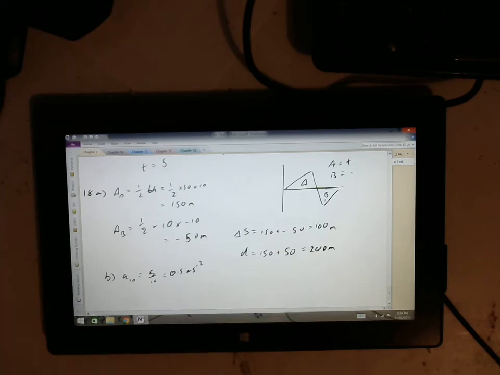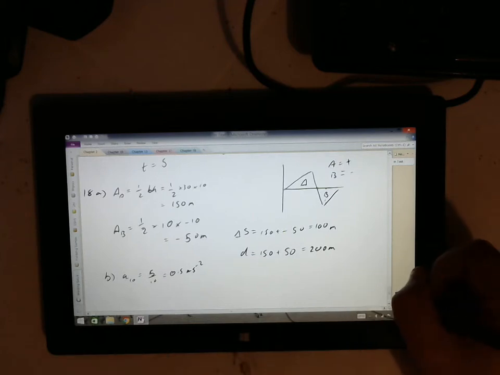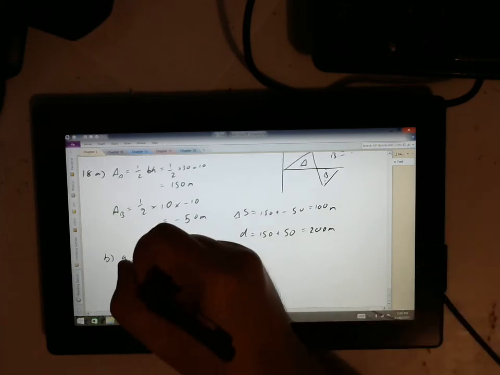Okay, the next one we want to look at 30 seconds. So if we look around 30 seconds, it's a straight line from the time equals 20 down to time equals 40. So I'm going to use those.